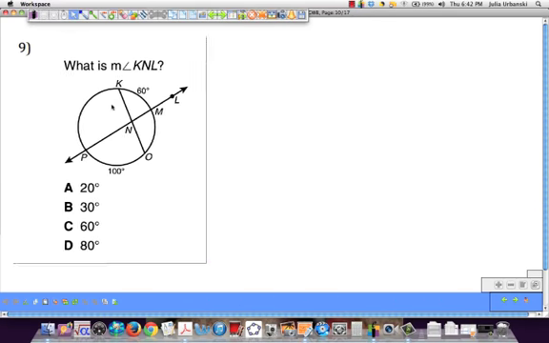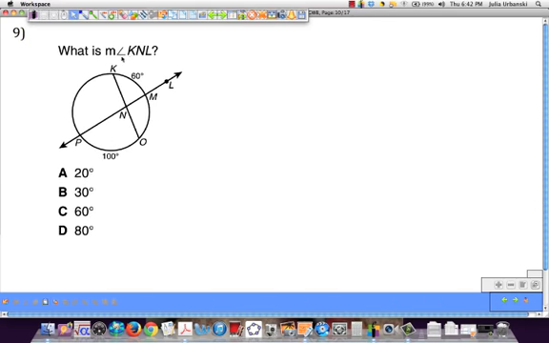Number 9. What is the measure of angle KL? This is an angle that meets on the inside, but it's not the center. There's no central dot there. So you add the two arcs together. Whenever it's on the inside, the angle equals the arc sum divided by 2.